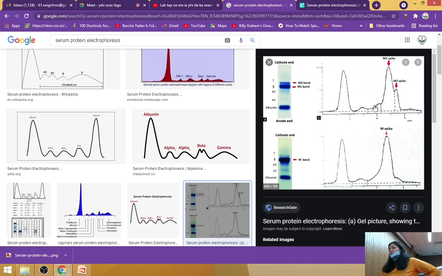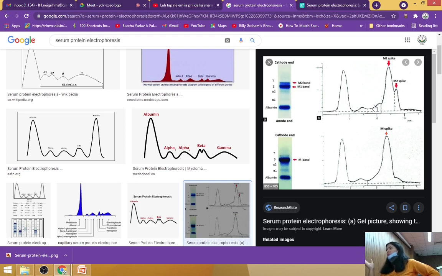So C-reactive protein is an acute phase protein. How will you define acute phase protein? The proteins which are increased or decreased in acute conditions like injury, inflammation, after surgery or during neoplasia, these proteins are known as acute phase protein.